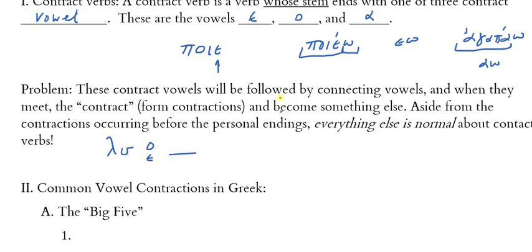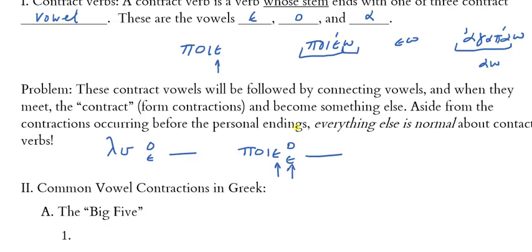What's going to happen with these contract verbs is I'm going to have something like poie, and then I'm going to have an omicron or an epsilon connecting vowel, and then I'll have my personal ending. And it's the vowel that's the end of the verb stem, that contract vowel, and the connecting vowel that are going to interact with each other and form contractions. And we're going to learn what those contractions are. And they'll become some other vowel.